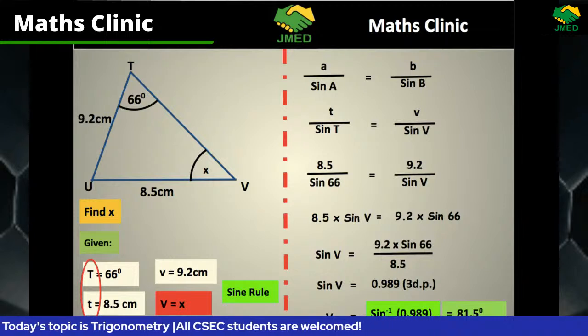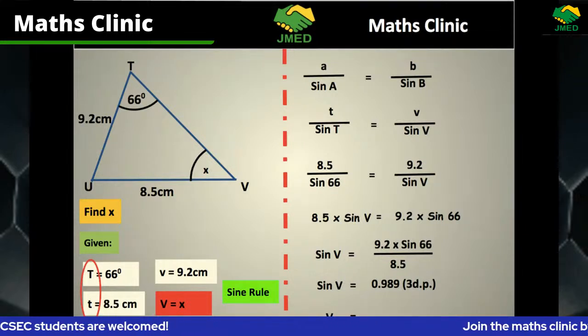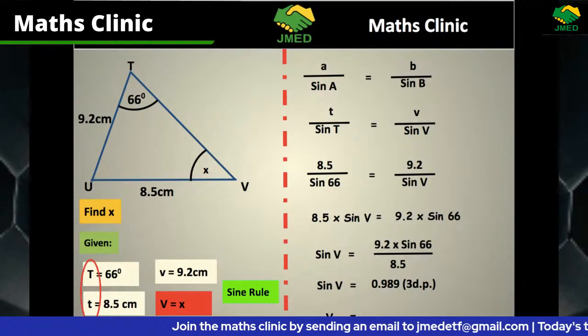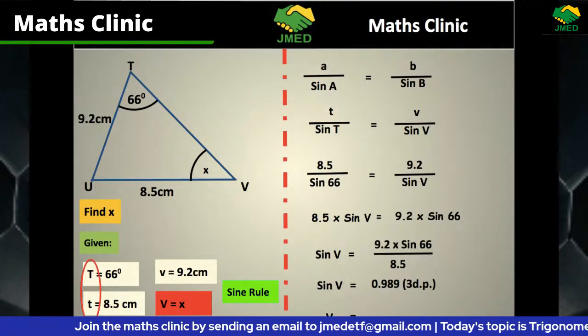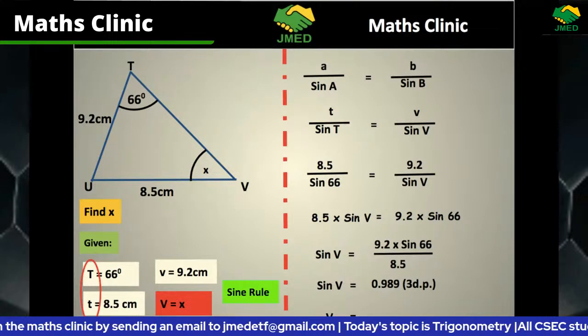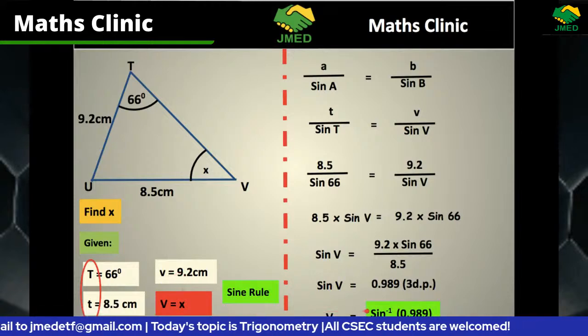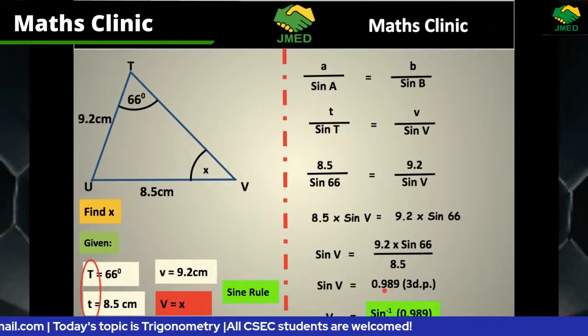There's a number of ways you do that. Your calculator will determine it. You either see inverse, second function, or you might see shift. Whichever way, that's how you get that function sine to the power of -1. And that's how you turn this back into the angle.